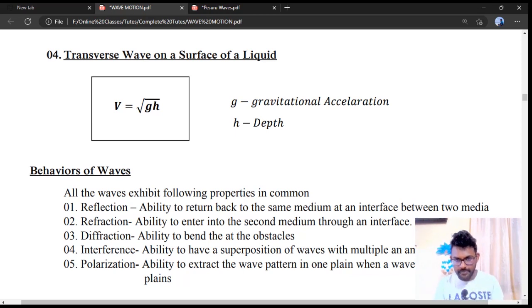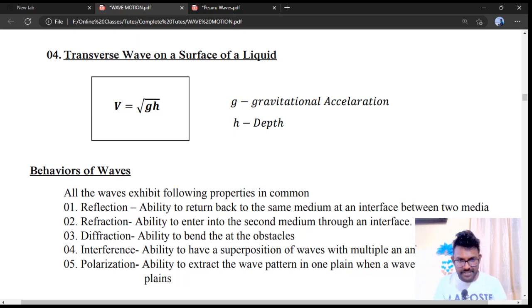When it enters the second medium, it bends. If you construct a normal, it bends towards the normal if it is entering a denser medium from a rarer medium. We considered them for light in the lesson before this, right?